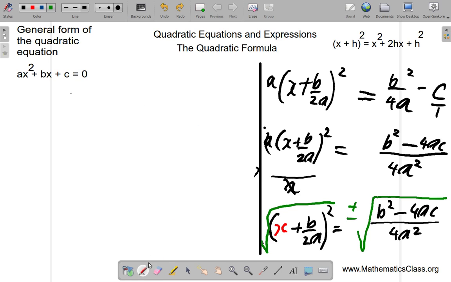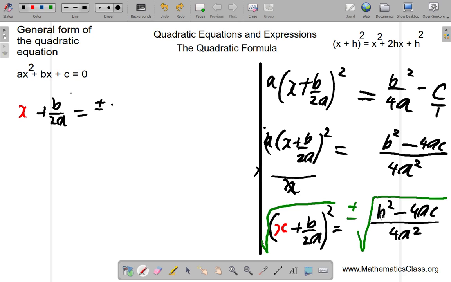So we say the square root of any number squared is the number itself. You square a number and find the square root, you get back the number untouched. So what we have is x plus b over 2a equals plus and minus the square root of b squared minus 4ac over 4a squared.